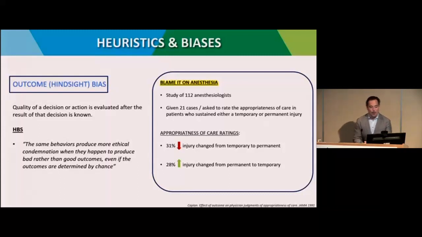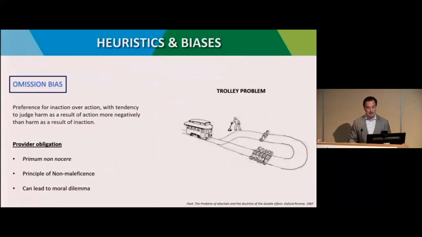When the injury severity was changed from temporary to permanent, the appropriateness of that case fell by 31%. However, same injury, same scenario, when the injury was changed from permanent to temporary, the appropriateness went up by 28%. So the appropriateness should be independent of what the outcome is. It's just that whether you have a positive outcome or a negative outcome skews how we interpret the appropriateness of a particular decision.